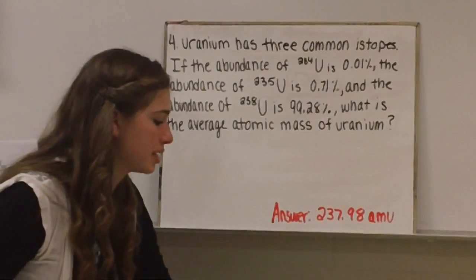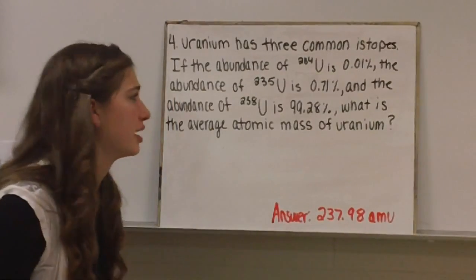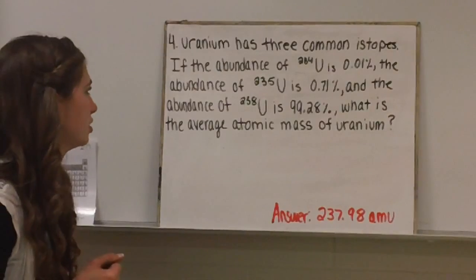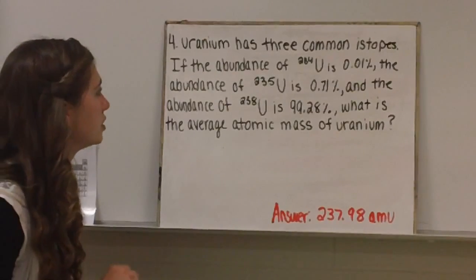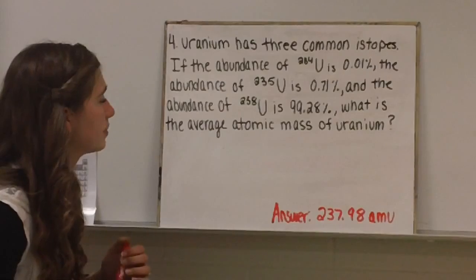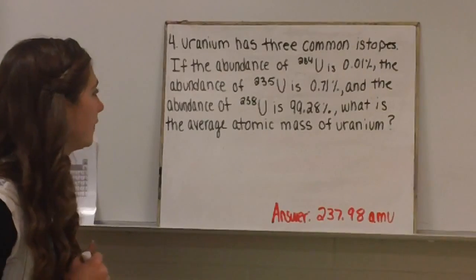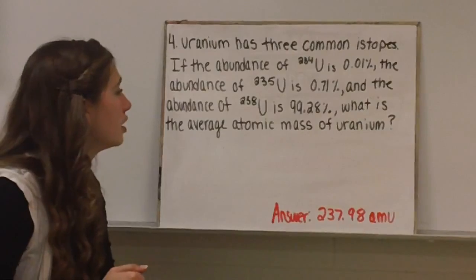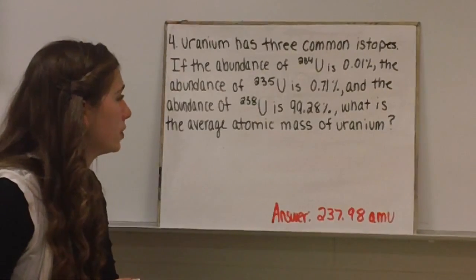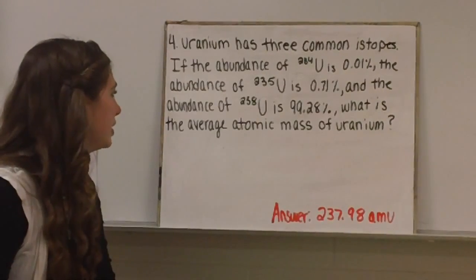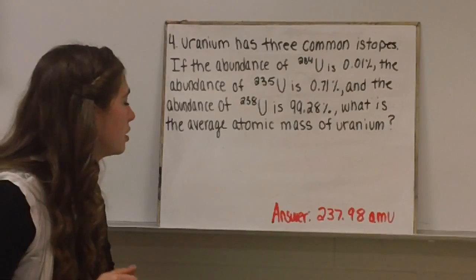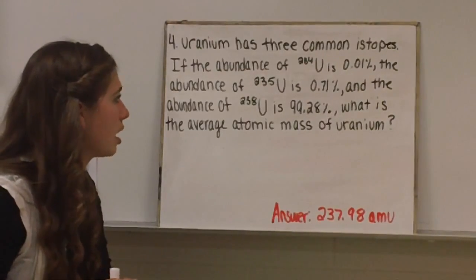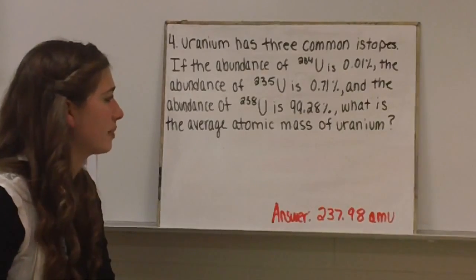Alright, our last example, to make sure you really understand this, is here. Uranium has three common isotopes. If the abundance of uranium-234 is 0.01%, the abundance of uranium-235 is 0.71%, and the abundance of uranium-238 is 99.28%, what is the average atomic mass of uranium?